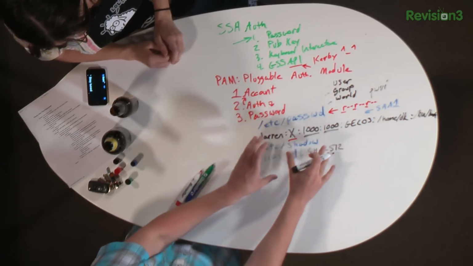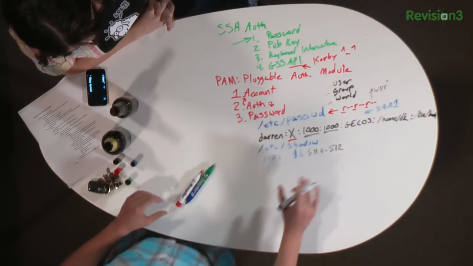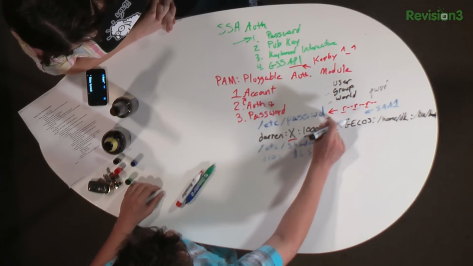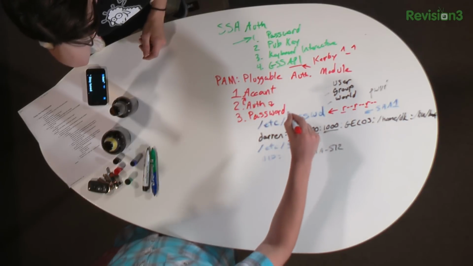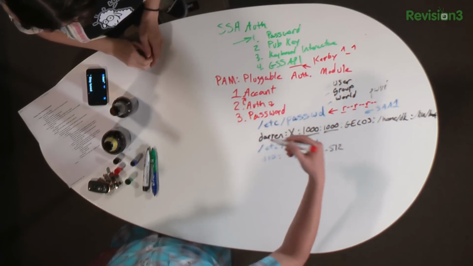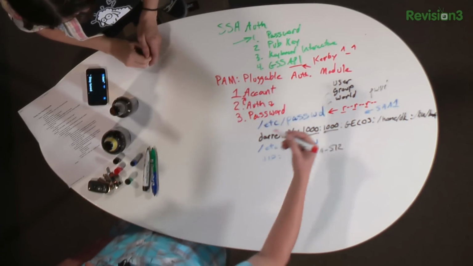So this is an encrypted equivalent, and it has different permissions than the password file that's readable by everyone. So this talks to that. Got it. And so PAM will use this database to manage the password, and changing the password and stuff like that.